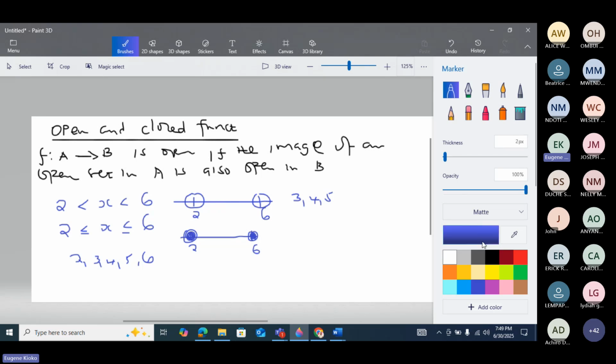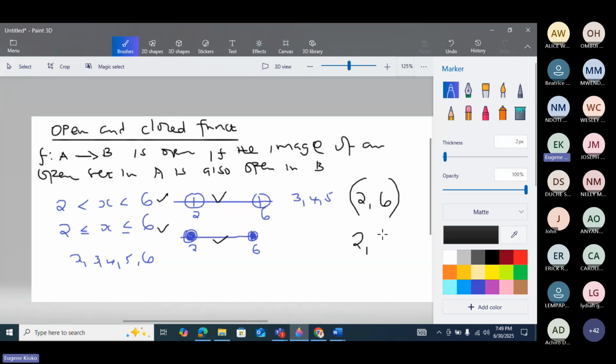And therefore now, in high school, we know this. Now at college level here, instead of writing that, we just write 2, 6, then open brackets. That is to mean 2 is not included, 6 is not included.